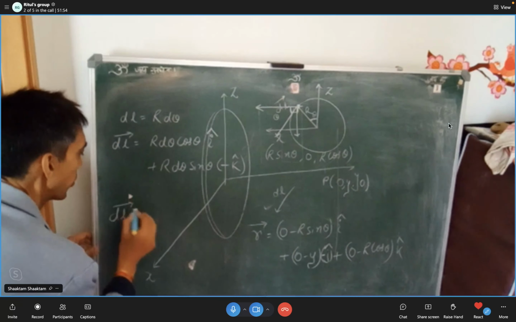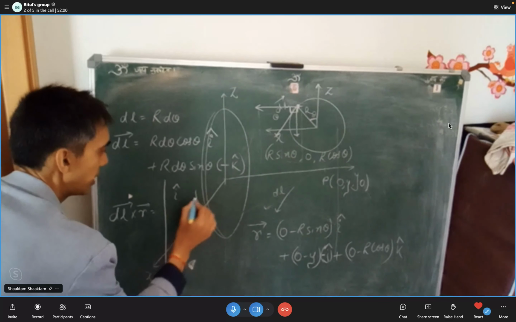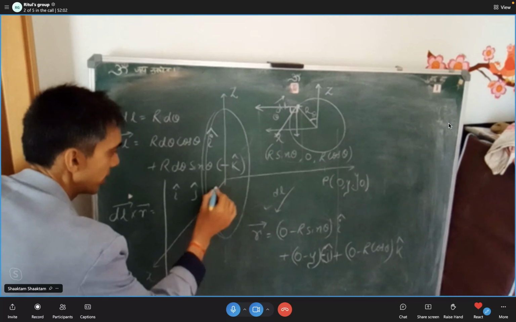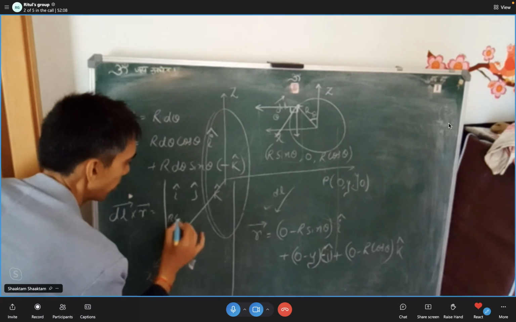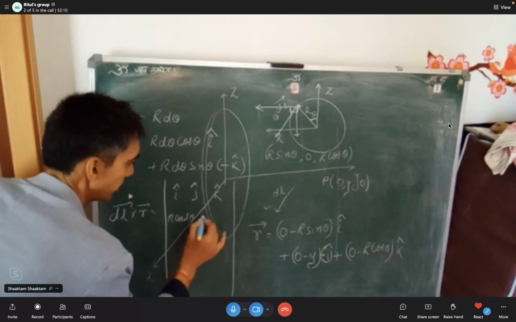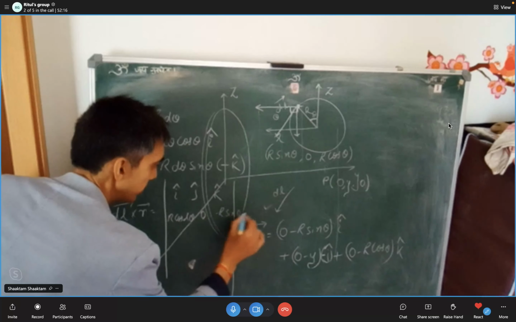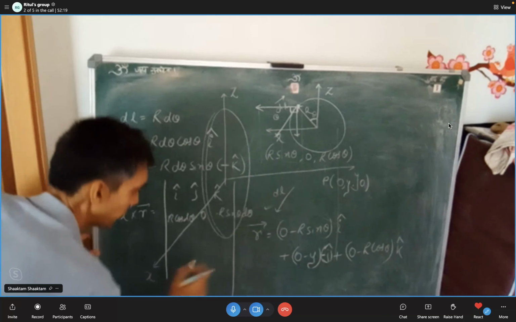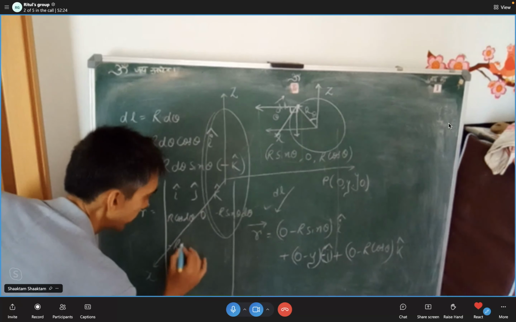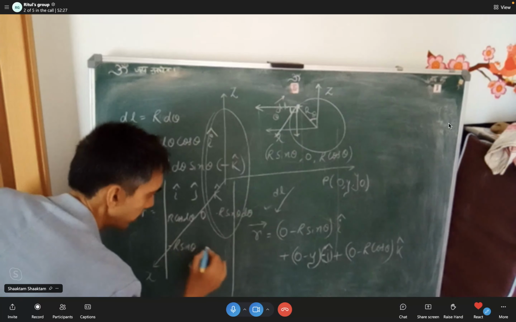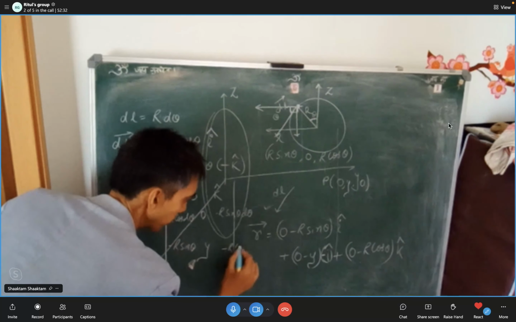dl cross r. I, j, k. dl now, which is r cos theta d theta, 0, minus r sin theta d theta. Differentiate. Then it is minus of r sin theta I, minus of r cos theta.